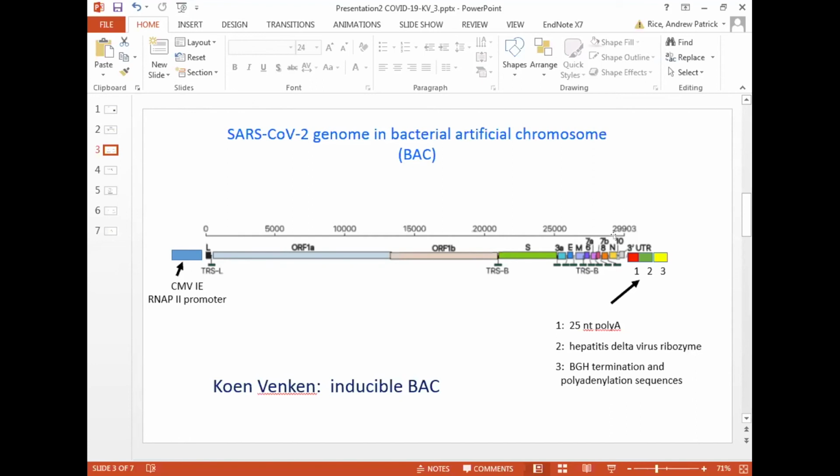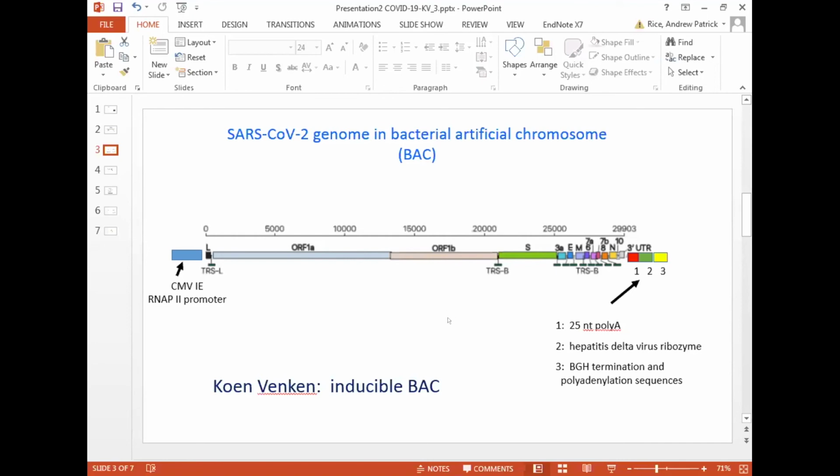It would transcribe the 30,000 nucleotides of the genome. There would then be a polyadenylation sequence, in yellow, a termination sequence that would tell RNA polymerase to terminate. And then there's a ribozyme that would cleave at the poly-A sequence. So one would generate an RNA molecule that is essentially the viral genome, and that would set off infection. And in this system, one could generate mutations in any of the proteins that one wants, and then study viral infection.